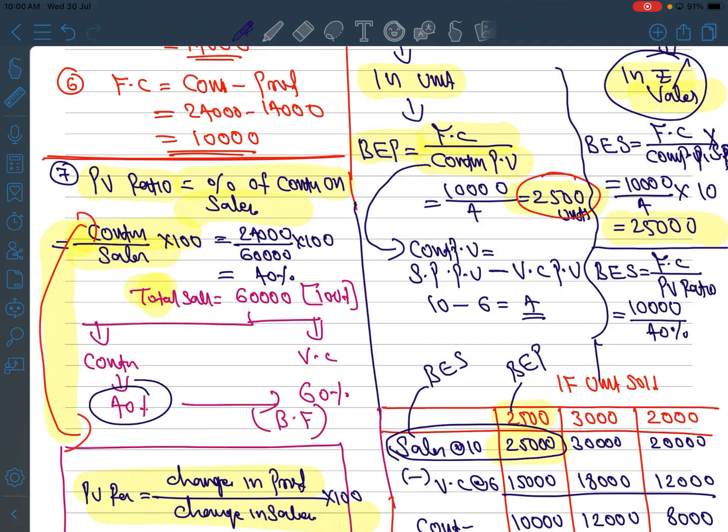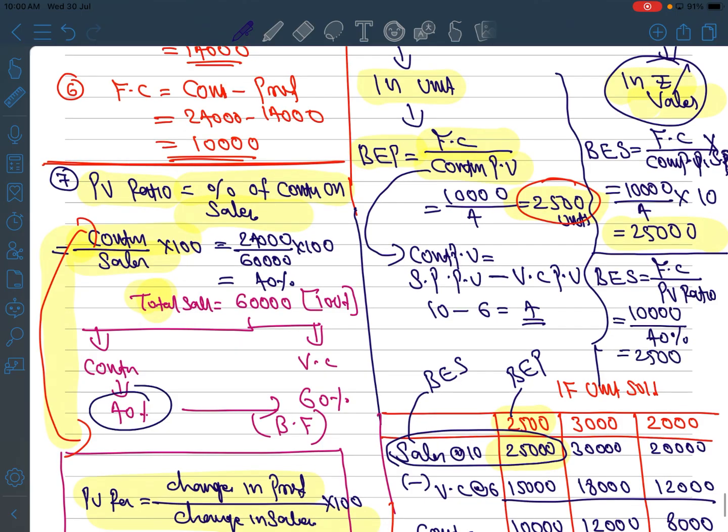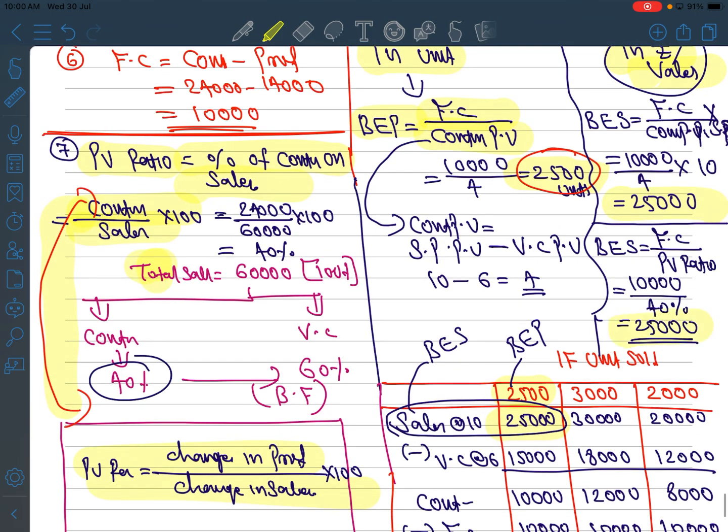You just take a calculator and work it out. 10,000 divided by 40%, or divided by 40 into 100, 25,000. Maybe you are comfortable with this because we got the same answer. And there is some tricky understanding based on this, we'll discuss later.